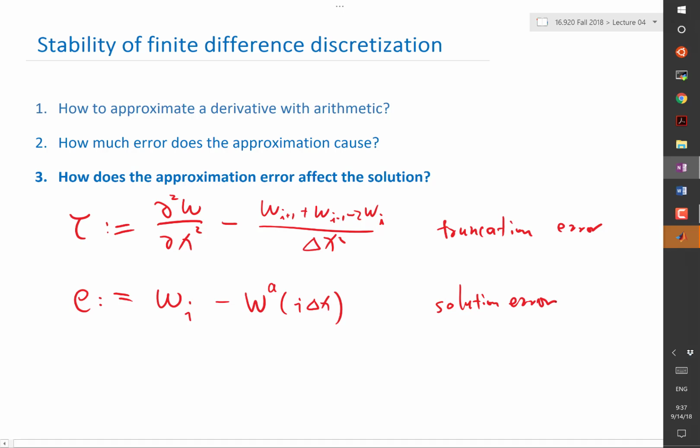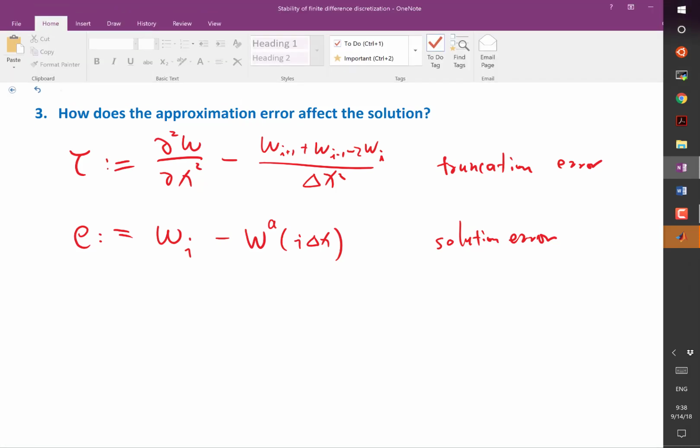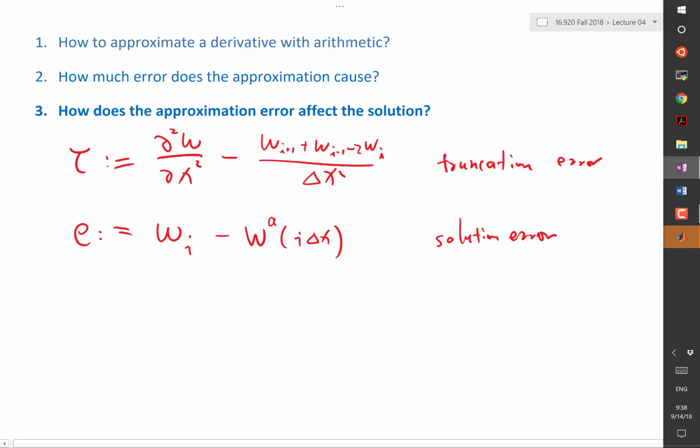All right, to make the point a little clearer, let's look into the case of the sine functions we demonstrated numerically in the last lecture. Let's look at, if the solution started as a sine function, how would the error evolve? So let's take an example.